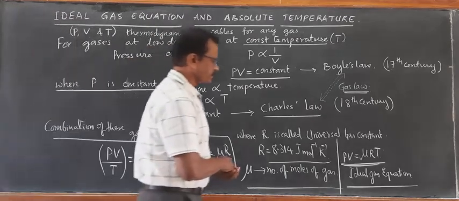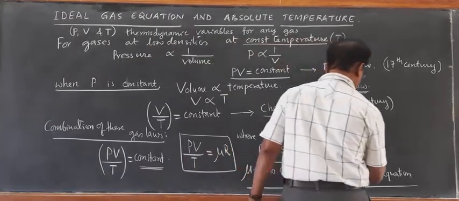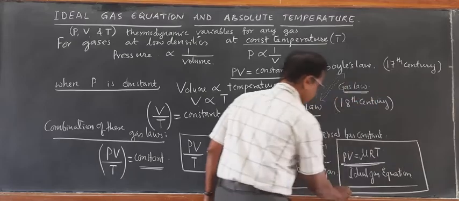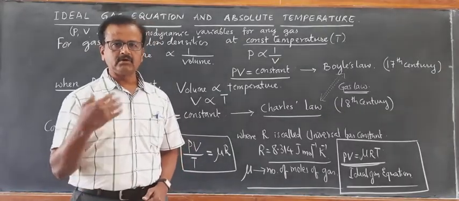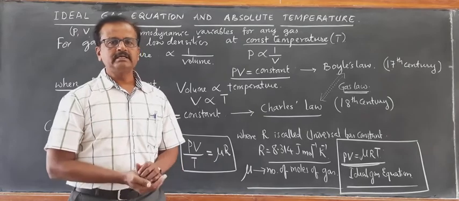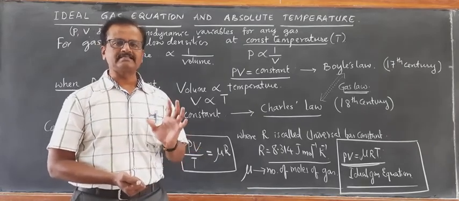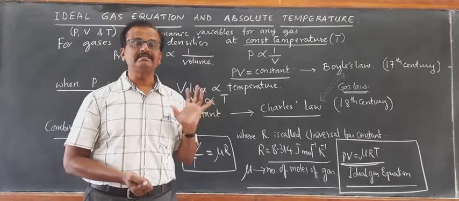This equation is very important, which holds good for any ideal gas. Not only does it hold good for an ideal gas, it is also valid for all the gases at low densities.